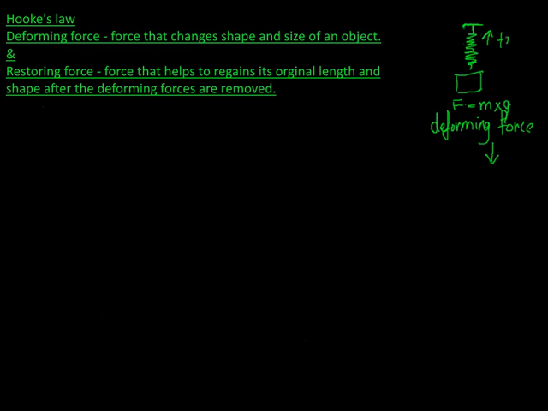We can call it tension, which is the same as the force acting downwards, equal to mass times gravity. Now if the deforming force is not there, the spring is going to regain its original length and shape because of the restoring force.